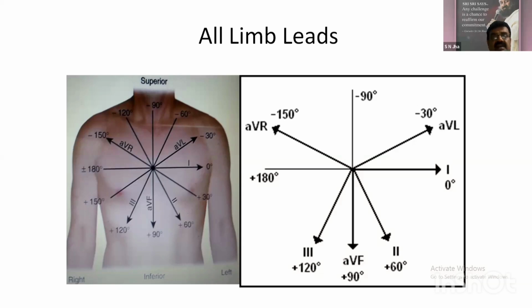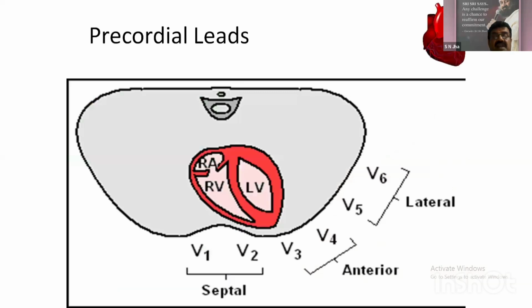We can identify them by looking at the leads from outside. If you imagine this is the cross section of the body from the chest wall, and this is the heart, V1 lies in the fourth intercostal space just to the right of the sternum, V2 in the fourth intercostal space left of the sternum, V4 in the mid clavicular line, V5 is the anterior axillary line, and V6 is the mid axillary line in the left fifth intercostal space.